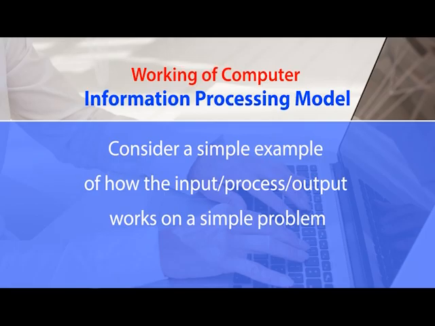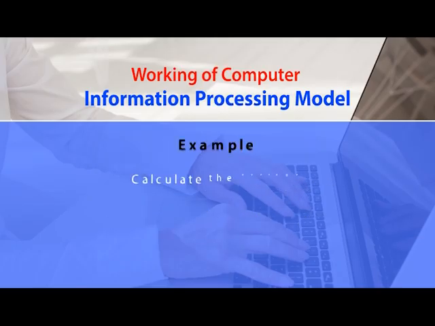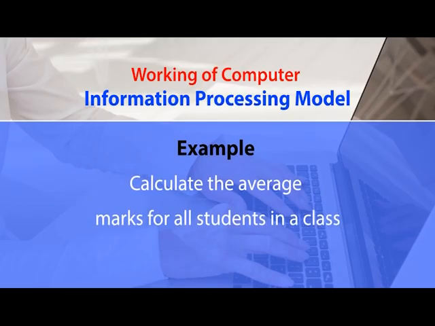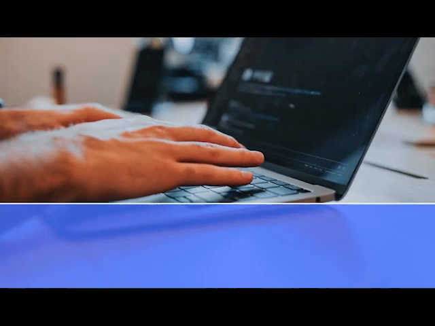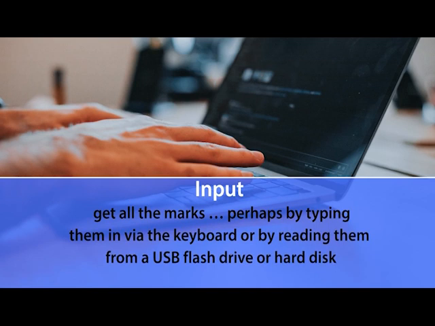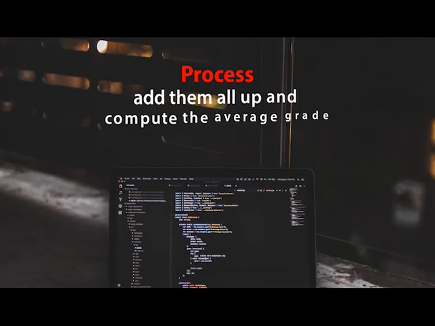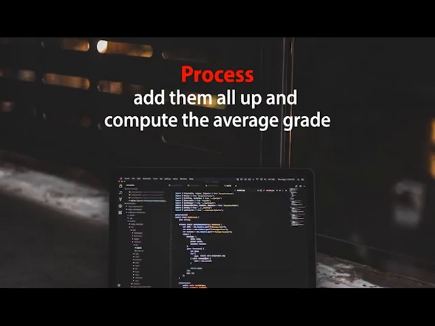Let us understand this by an example. Suppose we are supposed to find the average of the marks of all the students in a class. In order to find it, you are supposed to input the marks of all the students, and then the input is to be processed, that is, all the marks are added and divided by the number of students.